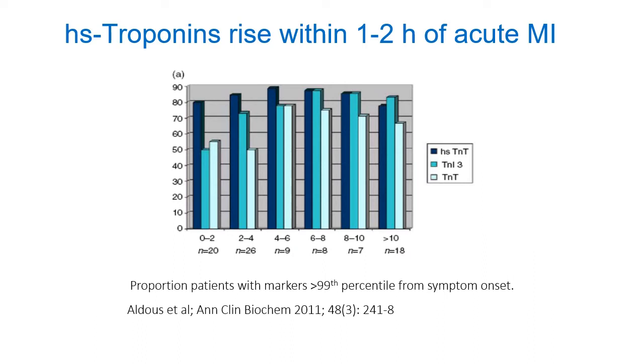The high sensitivity troponin assays typically rise within 1 to 2 hours of acute myocardial infarction, and this is an important observation because an absence of detected elevation of troponin at an early stage following symptoms gives good negative predictive value, which I will demonstrate later.